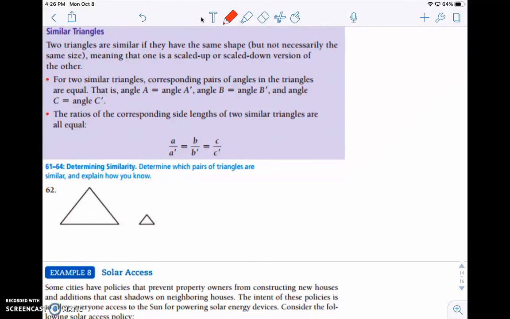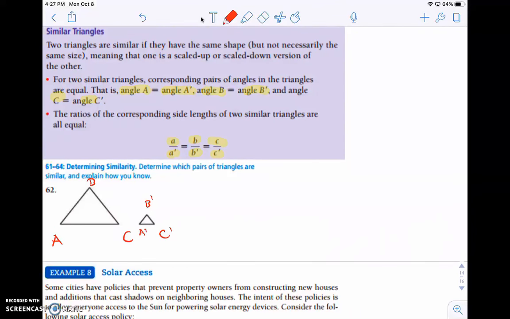So what happens is you get an angle in one triangle equal to the angle in another triangle. So A equals A prime, B equals B prime, C equals C prime. And then we get these corresponding side lengths, where the side length of one triangle divided by the corresponding side length of the other triangle gives the same ratio. So we have two similar triangles, and I'll call this A, B, C. This little one is going to be A prime, B prime, and C prime.